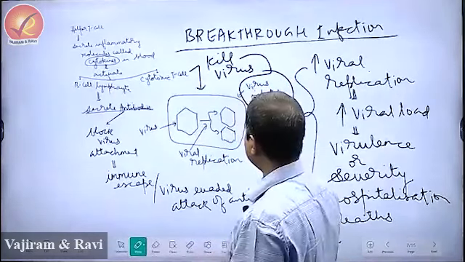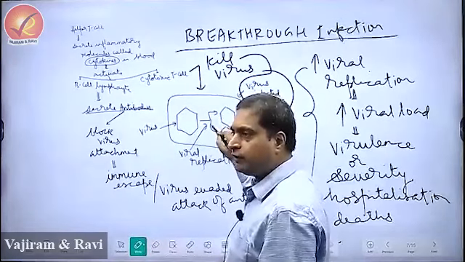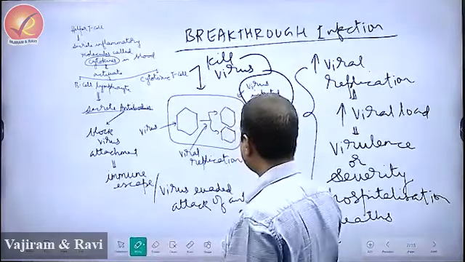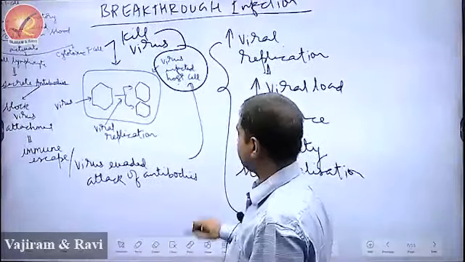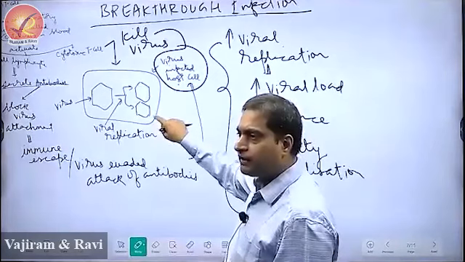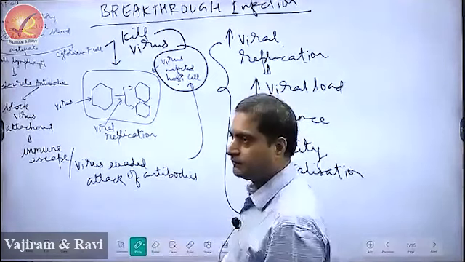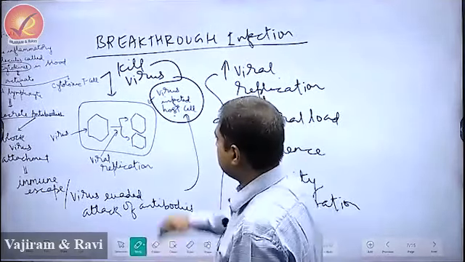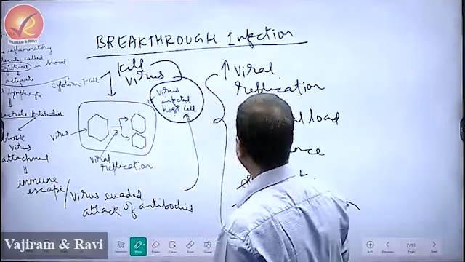Along with that, they also break the virus into fragments. They will destroy this virus infected cell, and they also break the virus into fragments. So it is the role of the cytotoxic T cell.